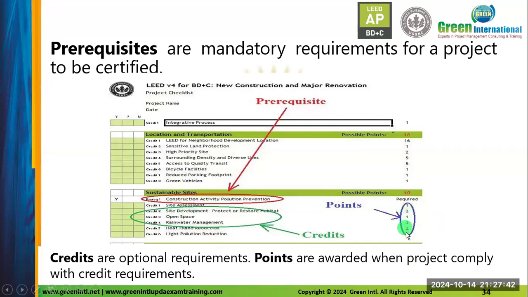So how are the points allotted in LEED certification? Why this one is 1, this two, this three, and so on? I hope you can hear me. If you have any problem, let me know in the text box.